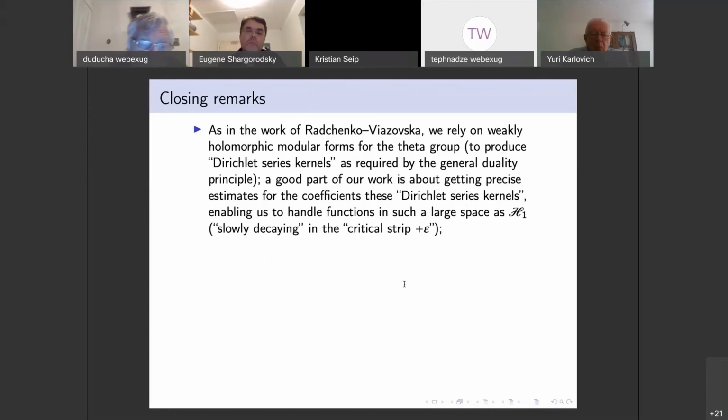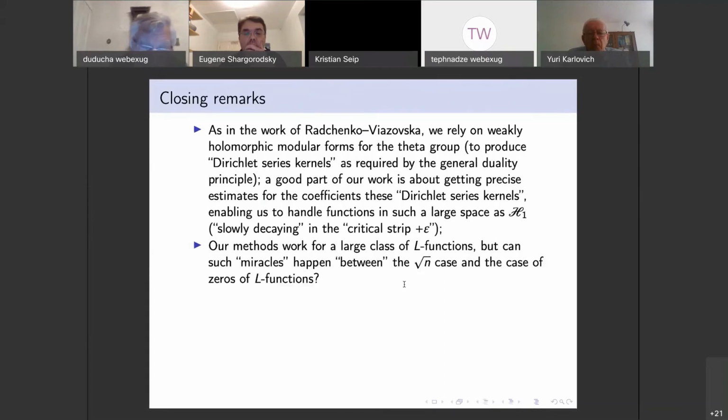As I told you, whenever you have a Fourier interpolation basis, there is behind the scenes a Dirichlet series and a kernel. It's really a kernel because there are two variables. So to build these kernels, you need this machinery coming from these modular forms technology. So a good part of our work is about getting precise estimates for the coefficients of these Dirichlet series kernels.